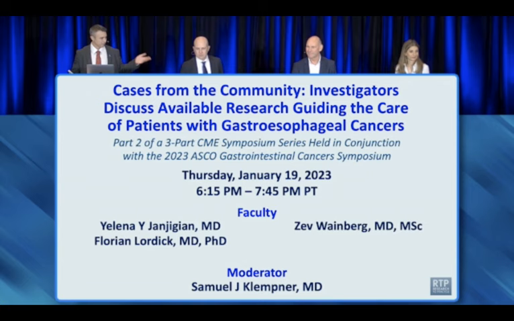I started him on modified FOLFOX6 regimen along with nivolumab. Sadly, he had ongoing worsening dysphagia, severe pain. I would love to know if the faculty have encountered any similar cases where they have proceeded with esophagectomy despite a metastatic disease just for quality of life and debulking. I would also like to know if there are any clinical trials with this mutation.